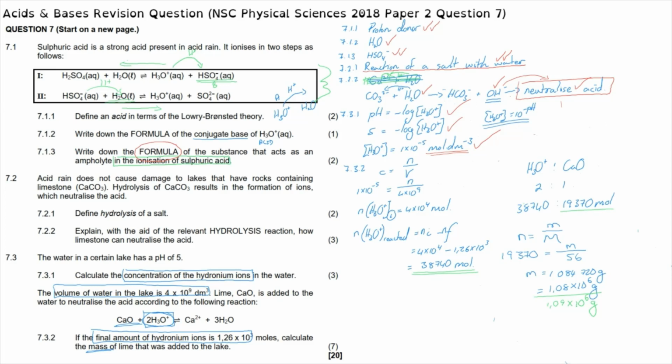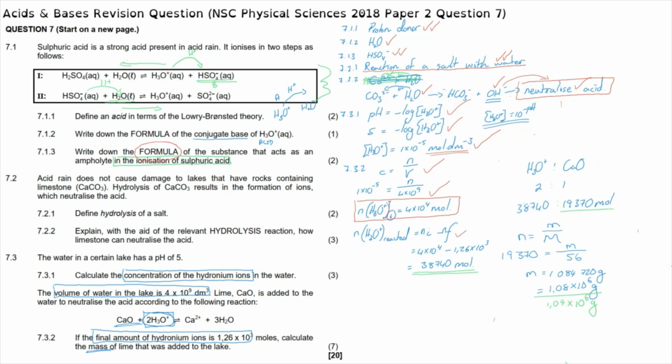The first mark is allocated for calculating the number of moles of acid that is initially present. So there's 1 mark for using a formula and 1 mark for the correct substitution. You are advised to use this kind of notation where it's very clear that this is the number of moles of hydronium that is initially present. It makes it easier for the marker to see what you have done.